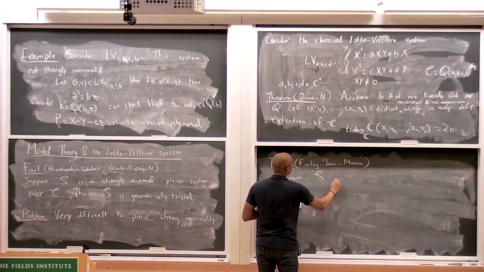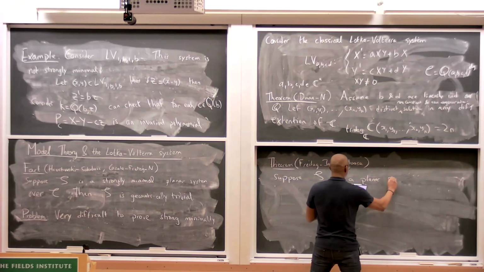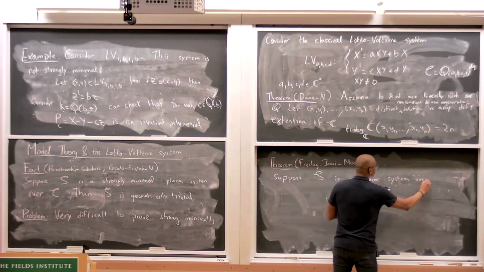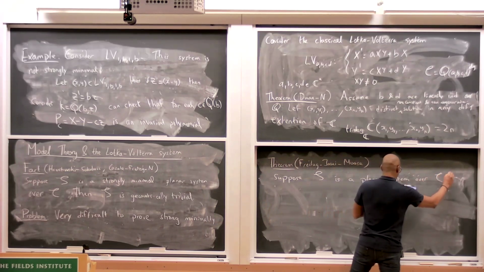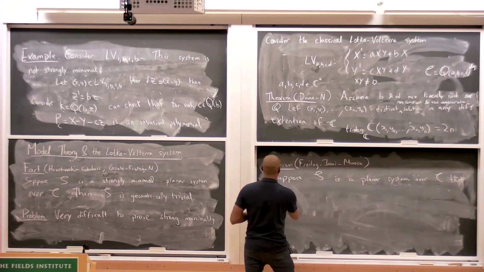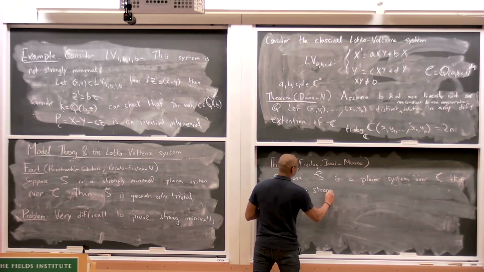So suppose S is a planar system or solution of a planar system over C that is not strongly minimal.